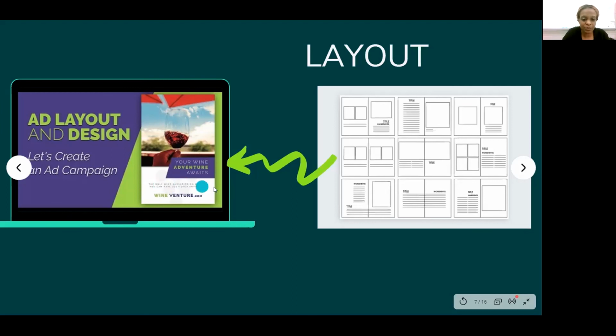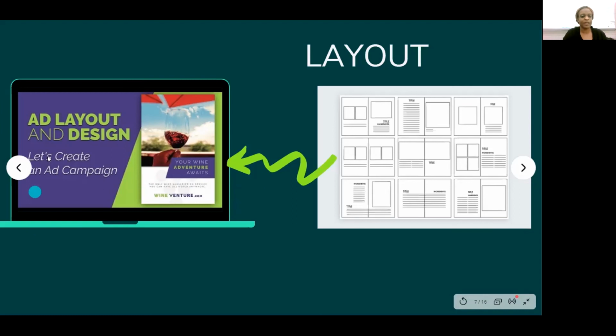It gives you a little more information about what's going on, so this right here is an example of a comparison, because it's saying it's the only wine subscription service that you can have delivered anywhere. So it's comparing it to other services. And then here is your identification here. It is the website. So now you know where to go to buy the product.